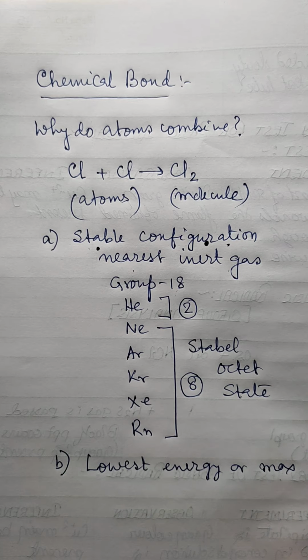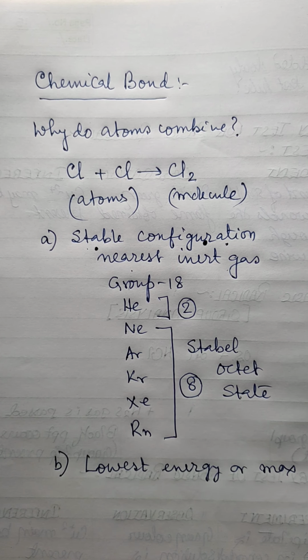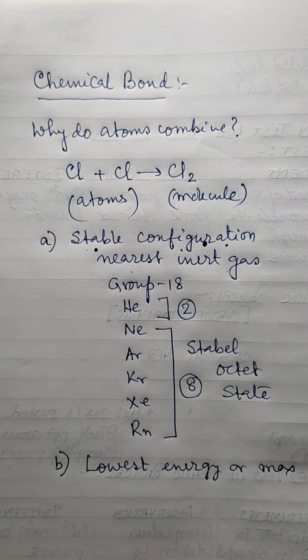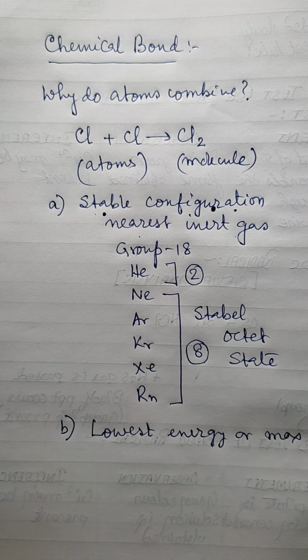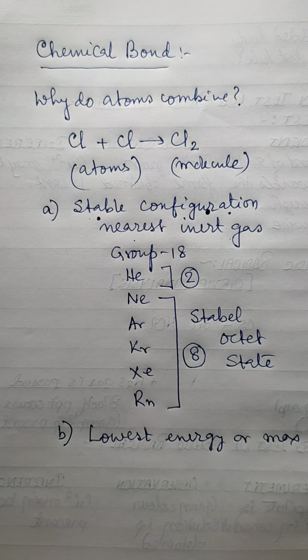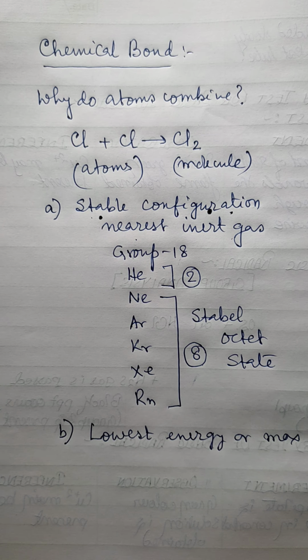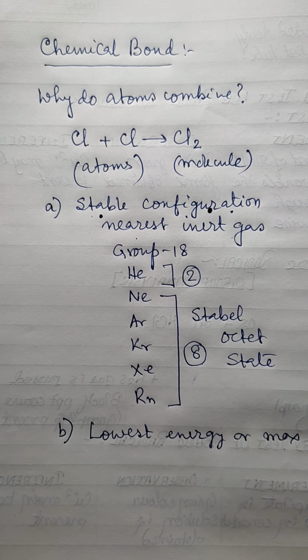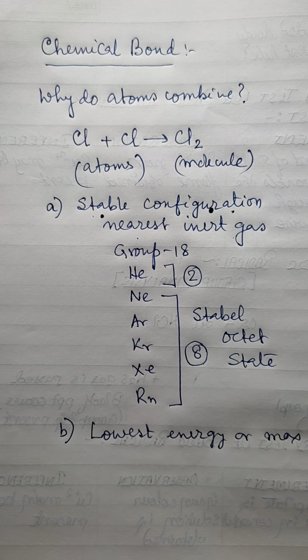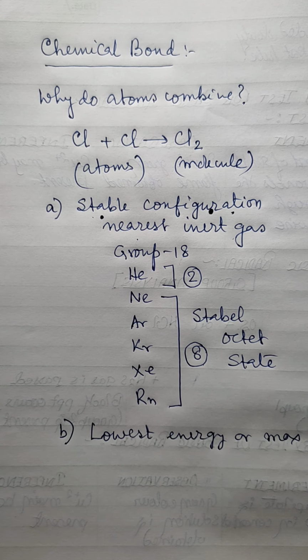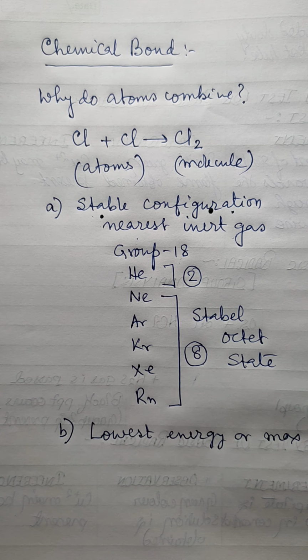In the atomic state they are unstable, but when they form the molecule they get the maximum stability, and this maximum stability is the relevant condition needed for a chemical bond. Okay, so these are the two causes of chemical bond.